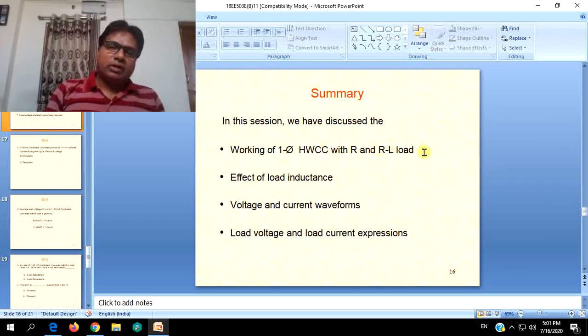With RL load we discussed the effect of load inductance on the current elaborately, and also the SCR voltage and reverse biasing. We discussed how the voltage and current waveforms take shape, and also found expressions for them.